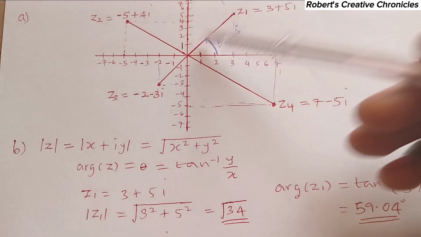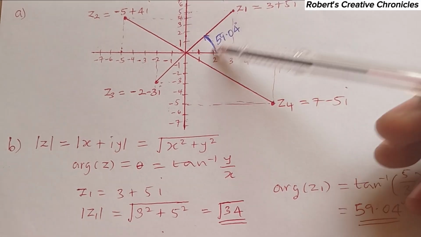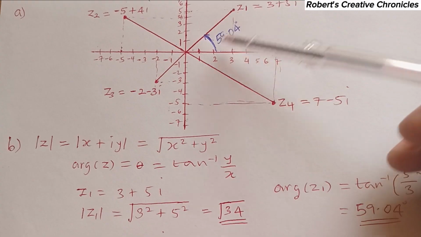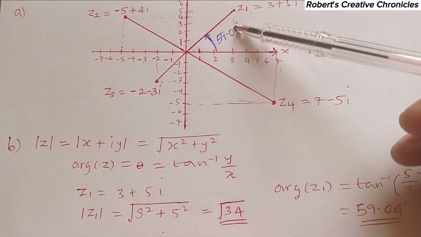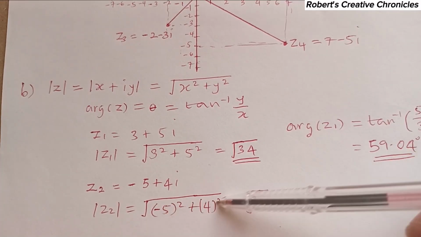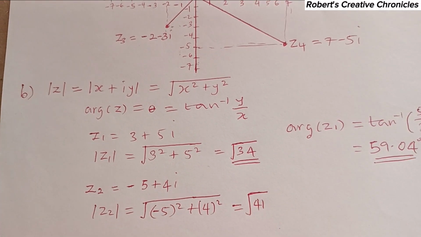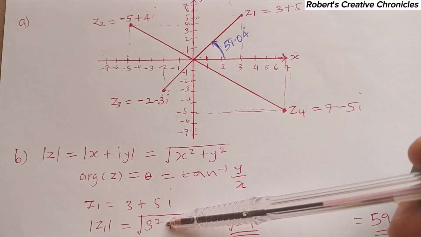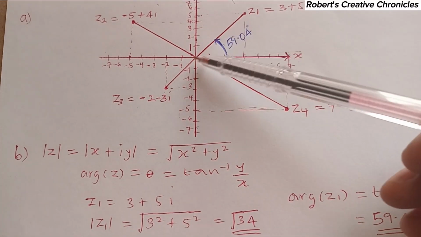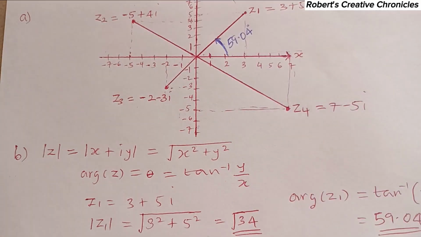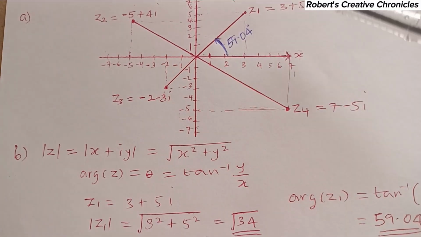So to find this one, you find the square root of the sum of the squares of these two. Likewise for this one. So this follows Pythagoras theorem.